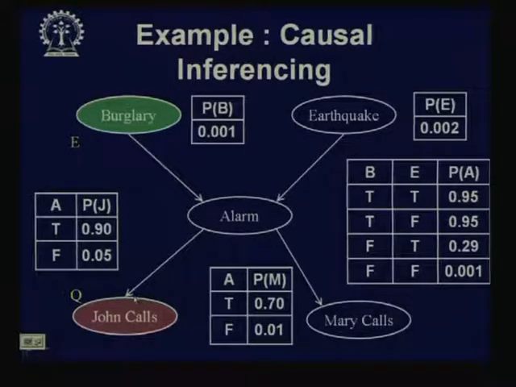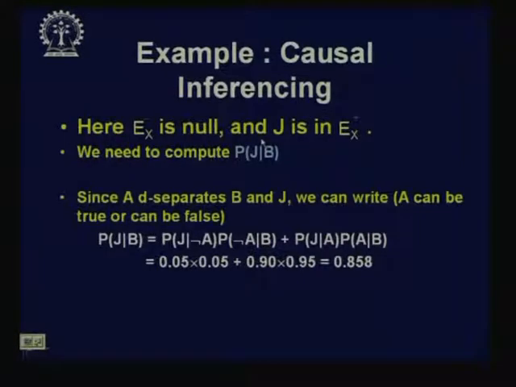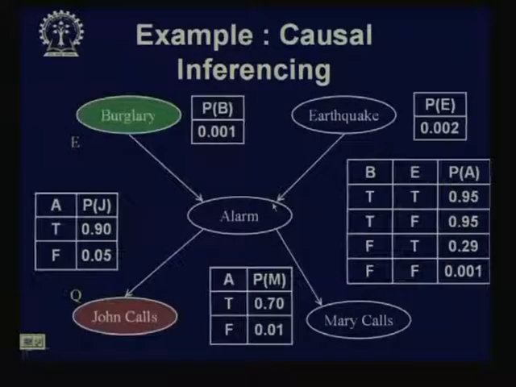And what is E x plus? John called, J, is in E x plus. So, we need to compute the probability of John calling given burglary. Now, this alarm node is deseparating B and J.